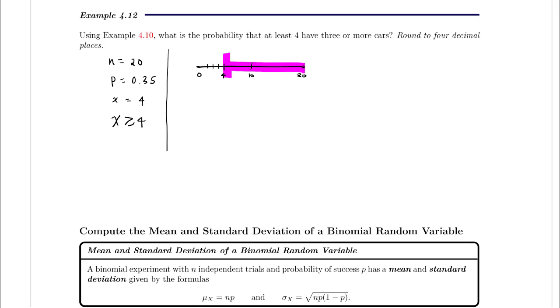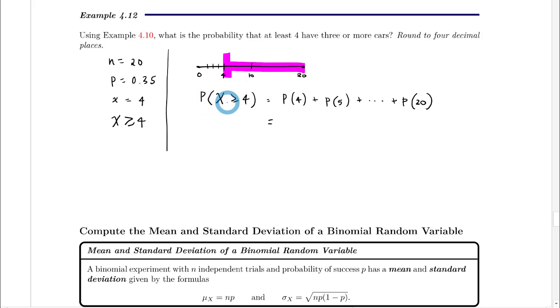So this way, I could say, okay, the probability of the event of households having 3 or more cars is at least 4. That would be equal to the probability of 4 plus the probability of 5 plus dot dot dot plus the probability all the way out to 20. Can you imagine doing all those binomial PDFs or the actual formula? No way. Let's play with inequalities.